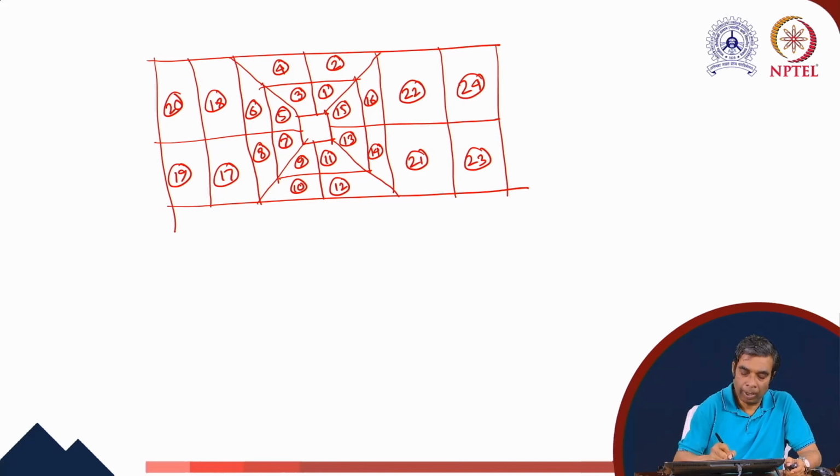The global node numbering starts from the top right corner of the cylinder, the object.